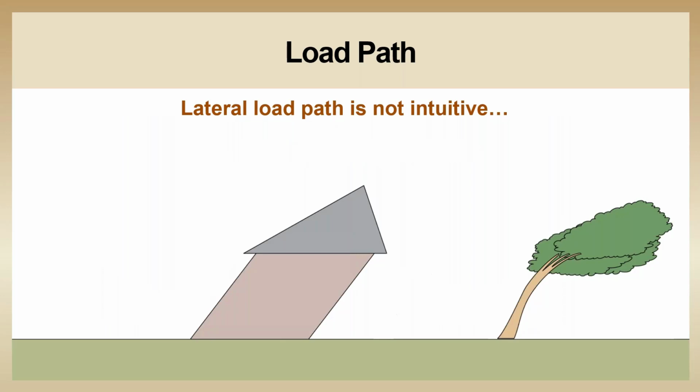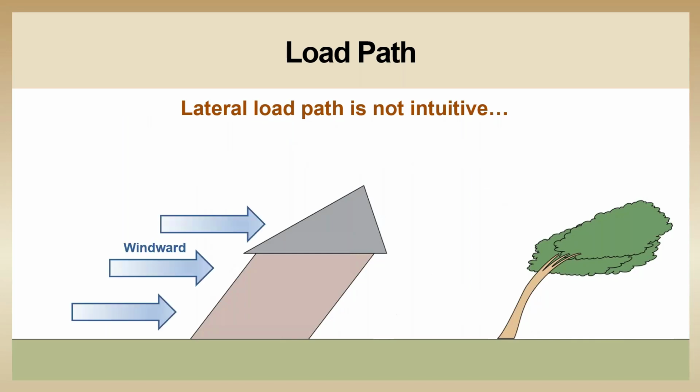Let's take a closer look at wind load. When the wind blows on a house, the side of the house it is blowing on is called the windward side. Another thing most people don't realize about wind loads is that as soon as the wind blows on the windward side of a house, it immediately creates two additional loads on the house.